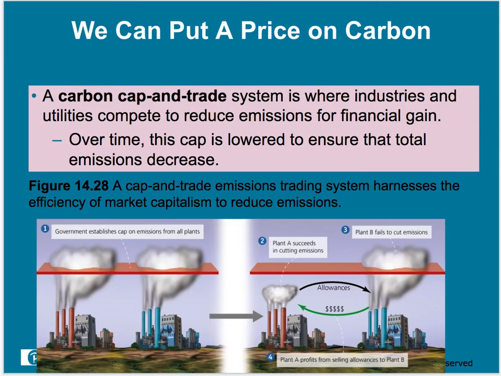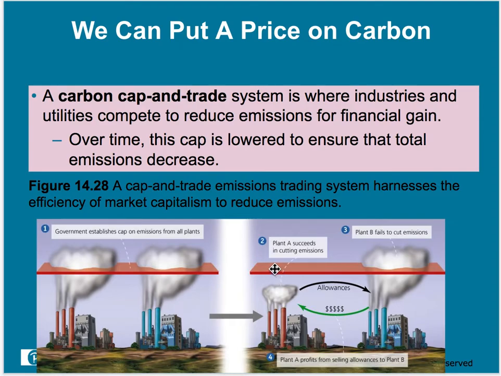So, one regulation that has been put out there is called cap and trade. And cap and trade is where a cap on emissions is set. So if you emit more than that, then you have to pay heavy fees. And if you emit less than that, there's smaller fees.